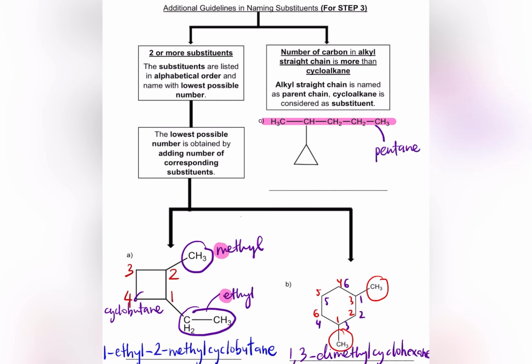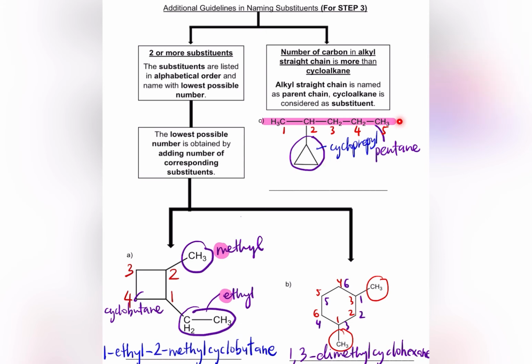And the next one, I got my triangle here. This is my substituent. The name of it will be cyclopropyl. And how do I give the name for this case? Make sure you put the numbering from the left. Why? Because 2 is the lowest numbering that you can get for cyclopropyl here.